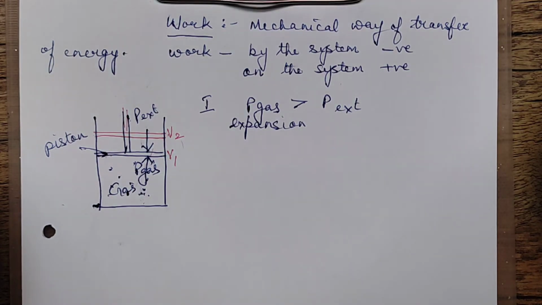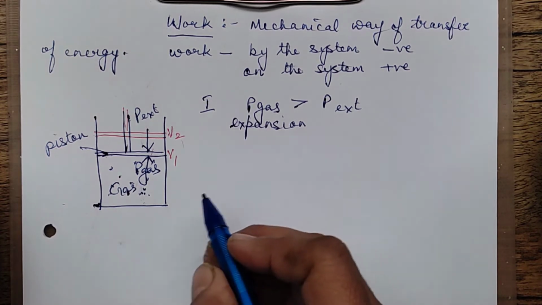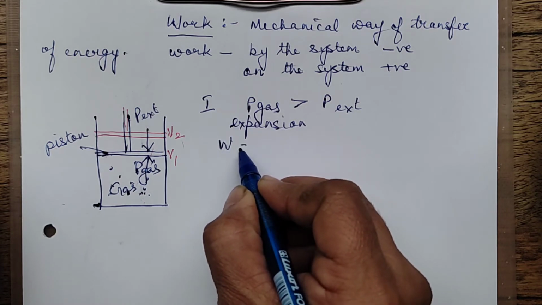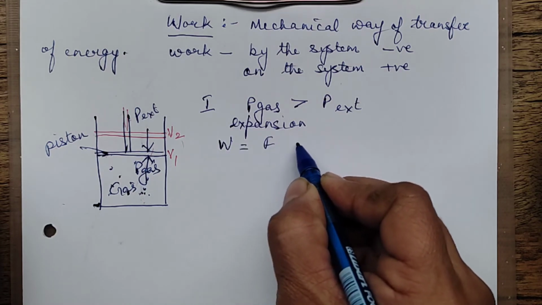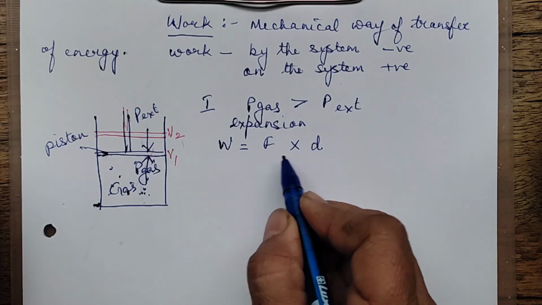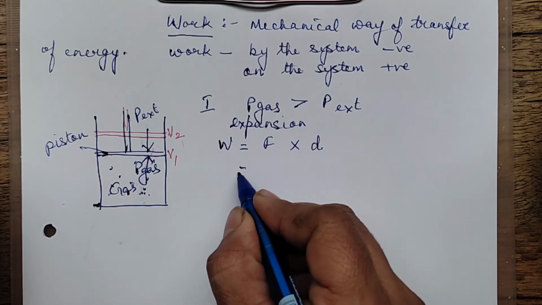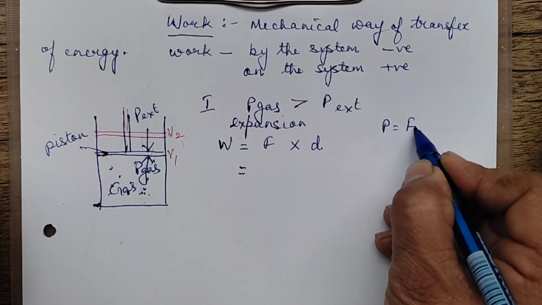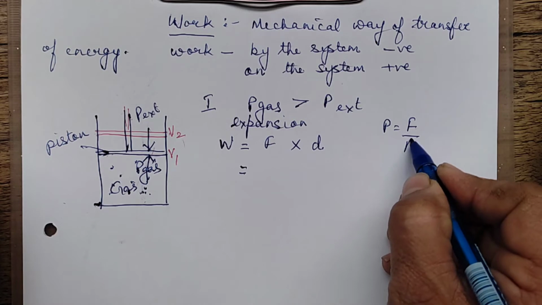Okay, now let's first find out what will be the formula for the work done by the gas in expanding. We know that work done is equal to force into displacement. In physics, that is what we study. Force into displacement is work done, right? And we also know that the pressure is equal to force exerted by the gas per unit area.